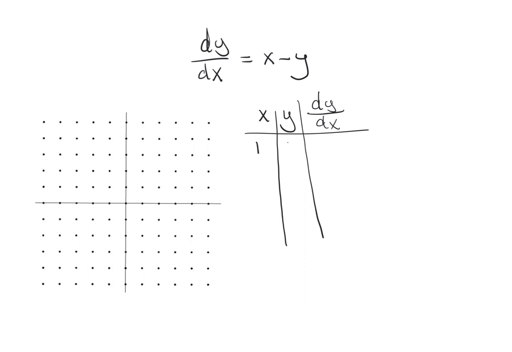Let's say 1, 1. What is 1 minus 1? It is 0. So at 1, 1, we have 0 slope. So where else are we going to have 0 slope? Well, anytime x and y are the same, the slope is going to be 0. So 2, 2, and 3, 3, 4, 4, 0, 0.